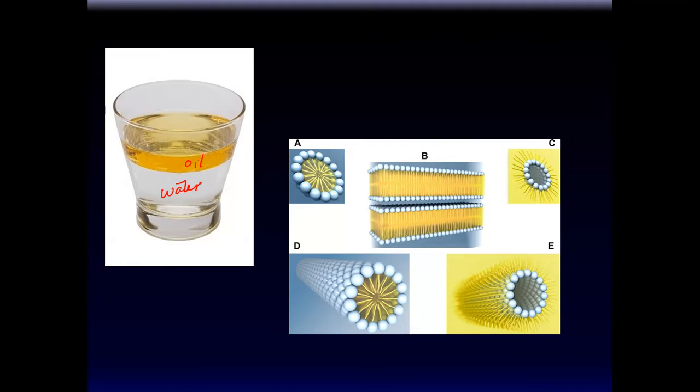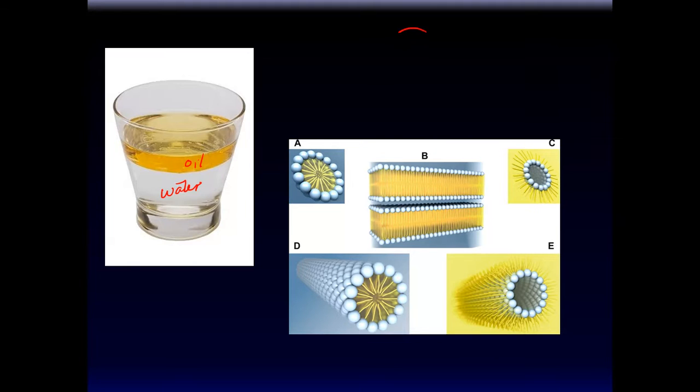Both the cytoplasm and the outside of the cell are predominantly water. It's because the membrane is surrounded by water on both sides that it's able to do what it does, because its natural inclination is to separate itself from water.